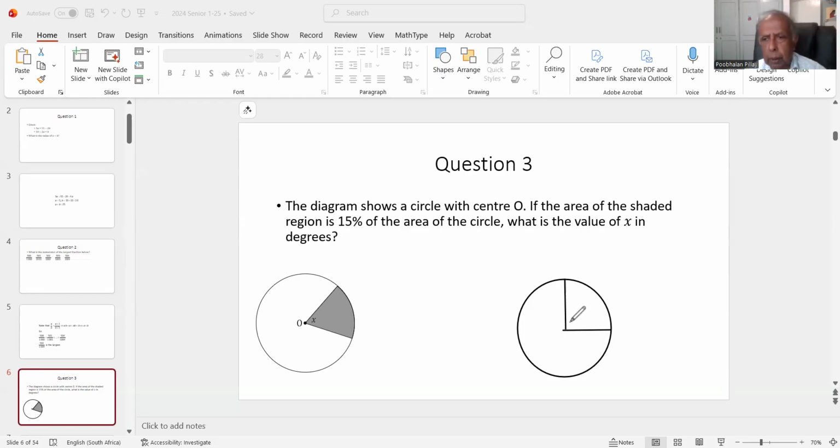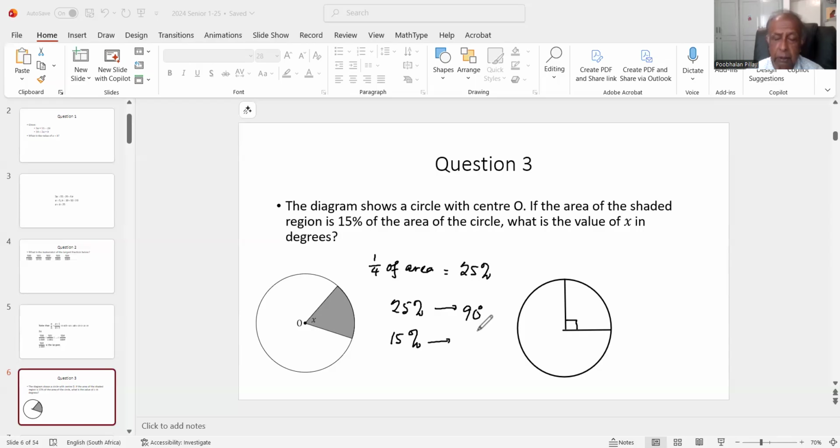So we know that a quarter of the circle's area is 25%. So we know that 25% corresponds to 90 degrees, right? So all we have to do is to find out what is 15%.